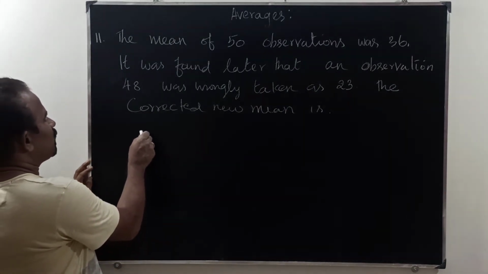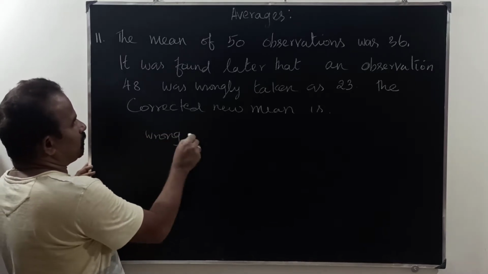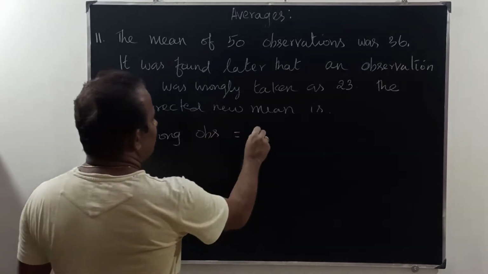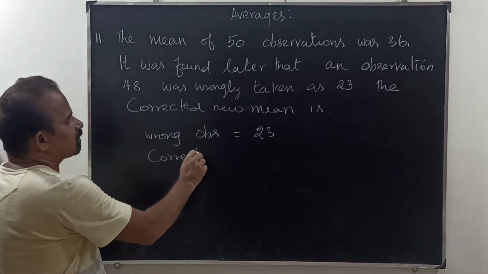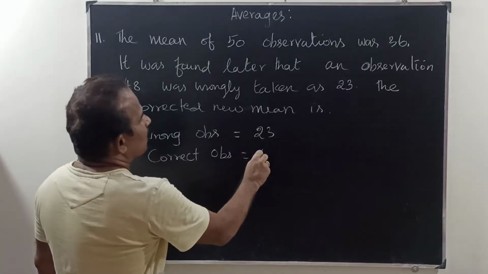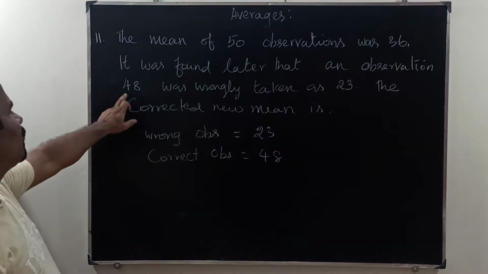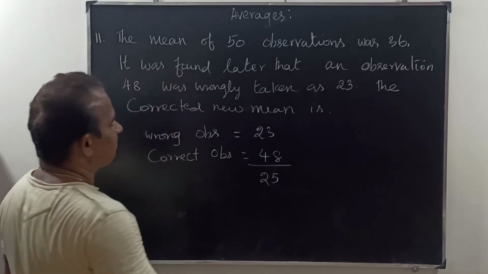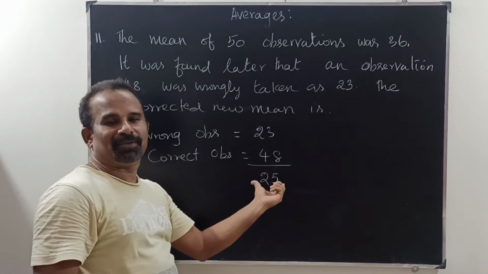So the wrong observation is equal to 23, and the correct observation is 48. So the difference is 25.